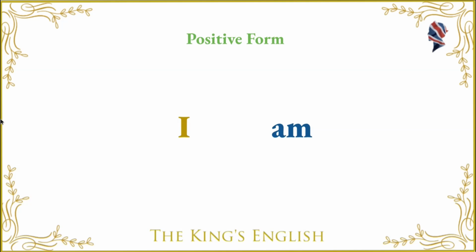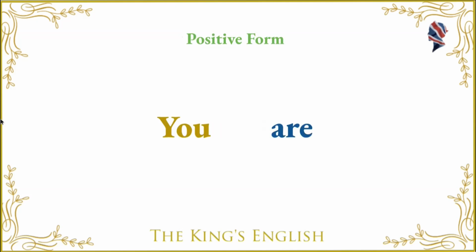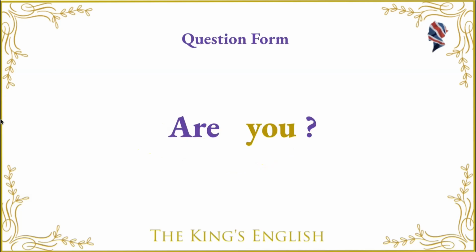Similar to the verb do, when we use a positive phrase, the subject is before the auxiliary verb. For a question, we switch. So we take the positive form, I am, and we switch to am I. You are becomes are you.